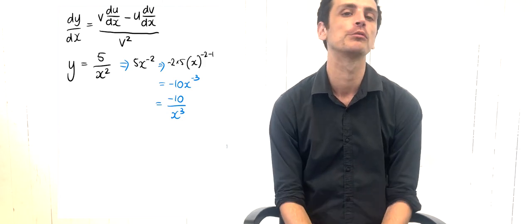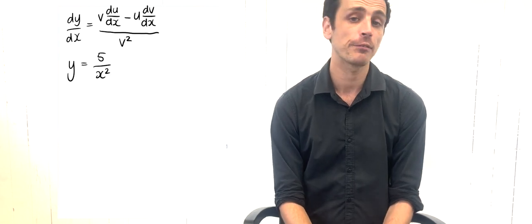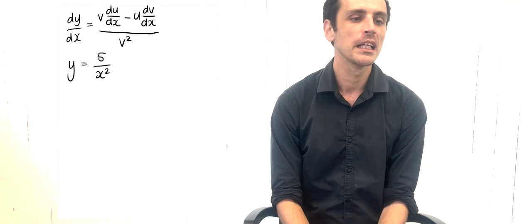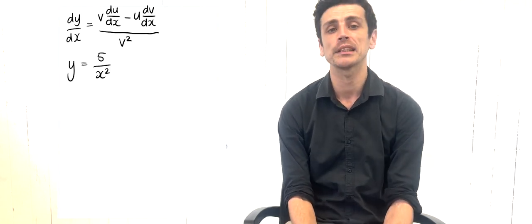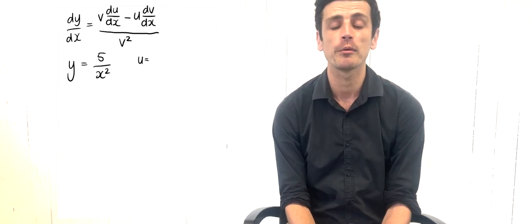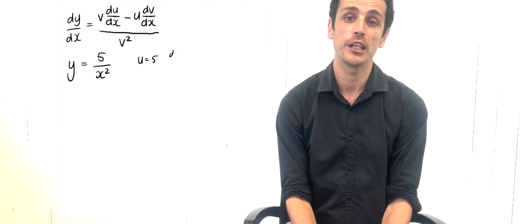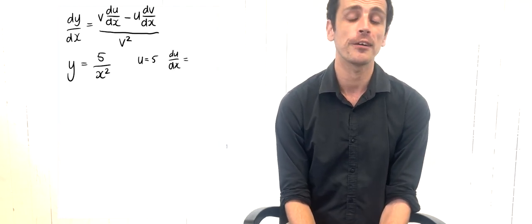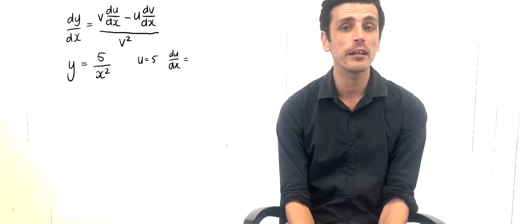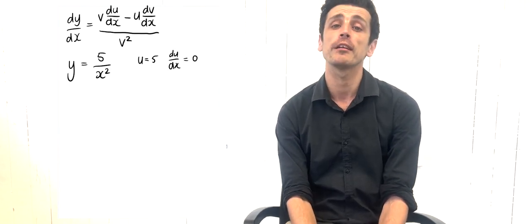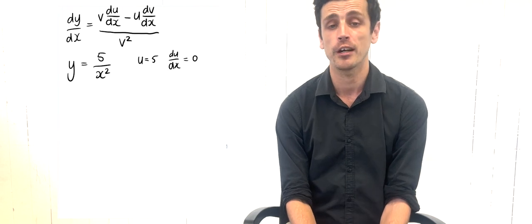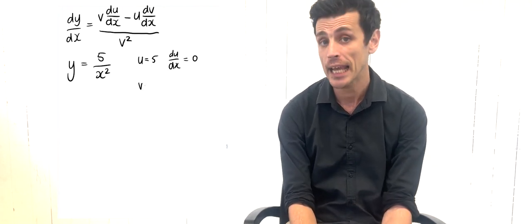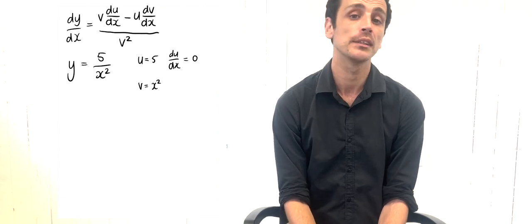Now, if the quotient rule works for this function, then we should get the exact same value. So let's try it, using the same principles. Our numerator is our u function, so u is going to equal 5. The derivative of u: anytime we find the derivative of something that doesn't have a variable represented by what we're deriving, in this case x, then that's going to equal 0.